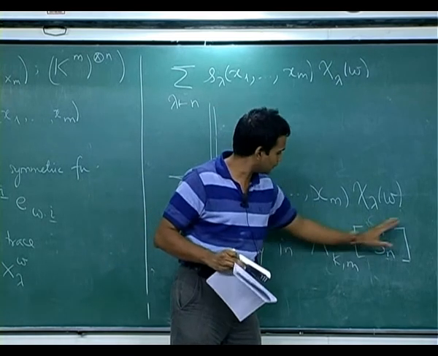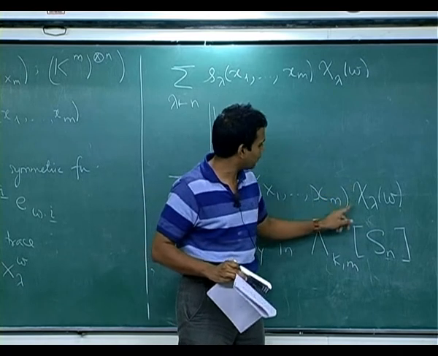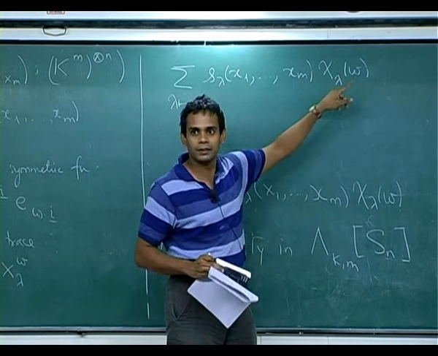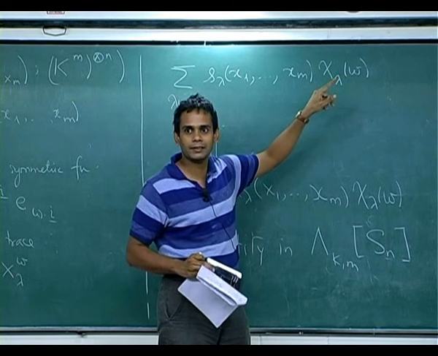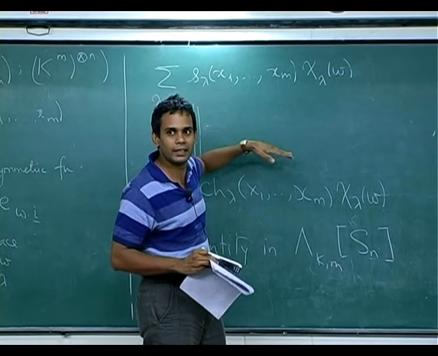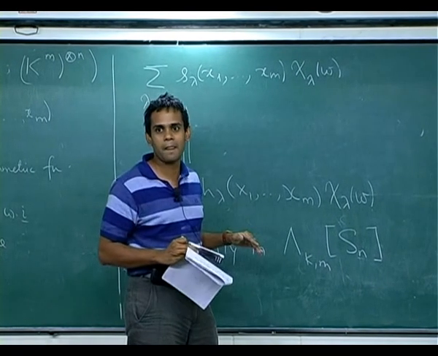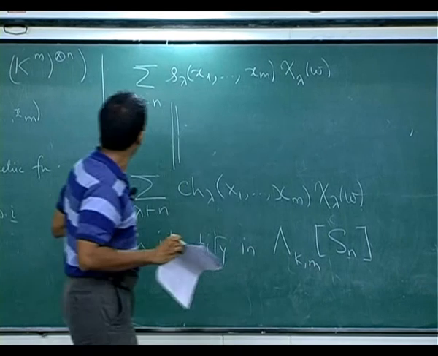Now, in this ring, just think of it as a vector space. The characters of the symmetric group are linearly independent elements. Therefore, if two linear combinations of those things are equal, then their coefficients must be equal. Okay.